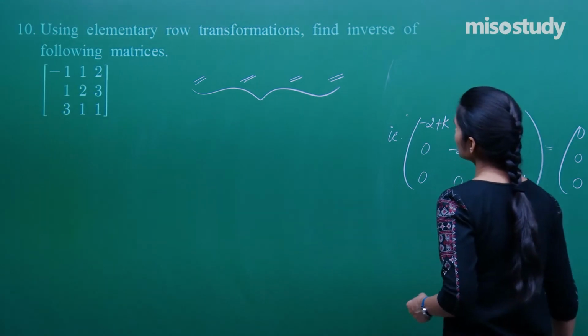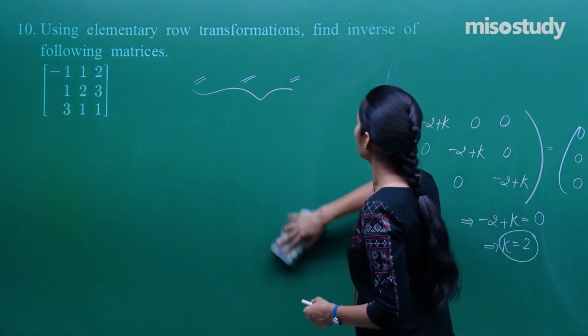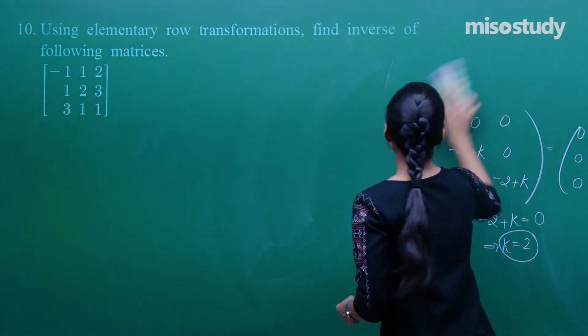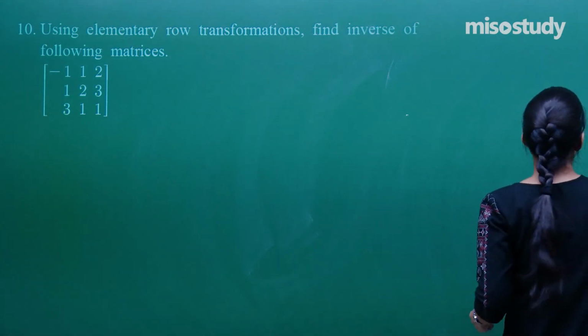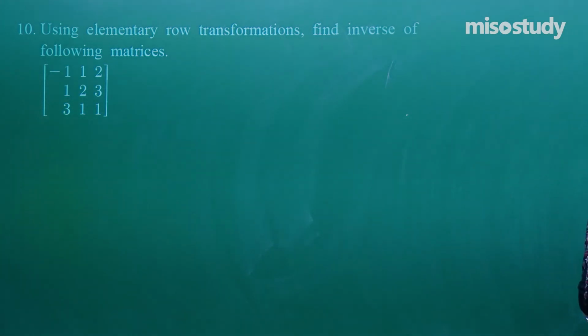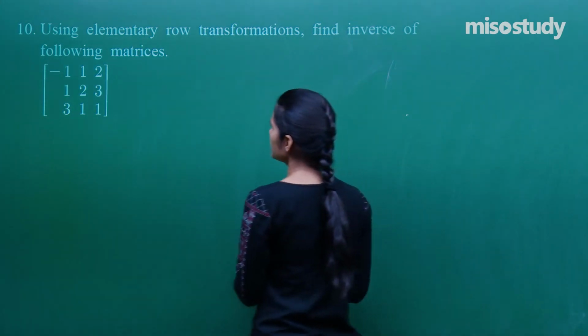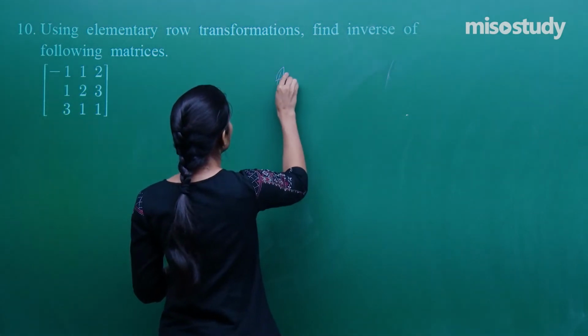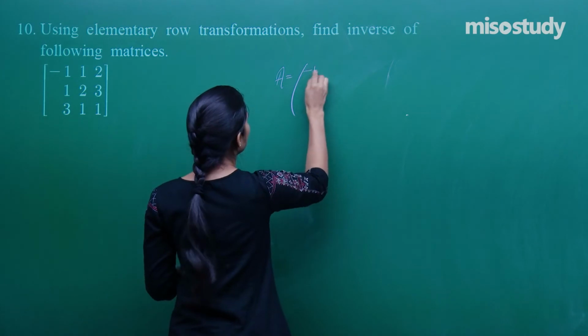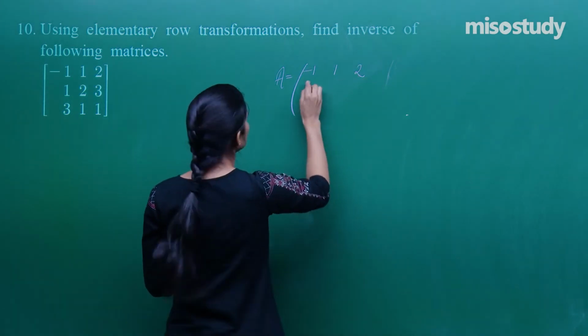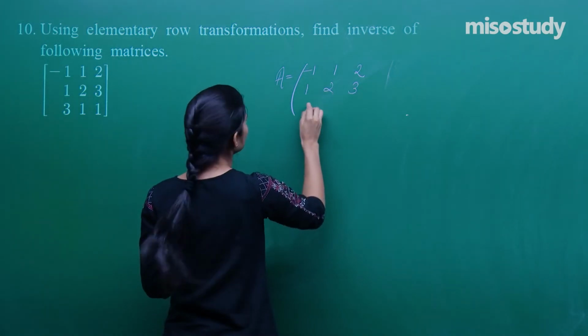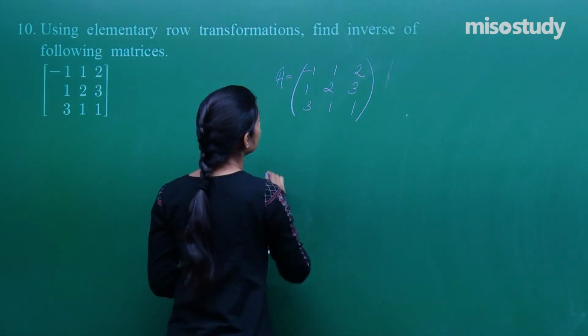Using elementary row transformation, find the inverse of the following matrix. This is the given matrix for you. You have to find its inverse by elementary row transformation. Let us try and compute the inverse of this given matrix. We have this matrix given as A, which is minus 1, 1, 2, 1, 2, 3, 3, 1, 1.